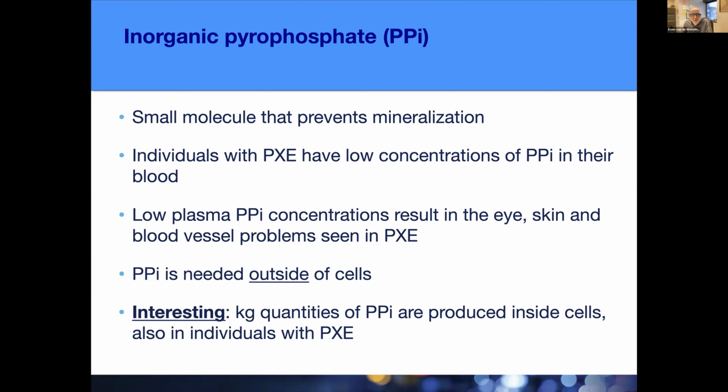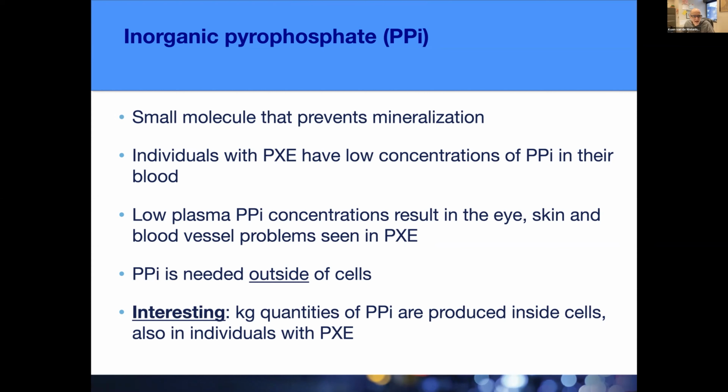And individuals with PXE have low concentrations of pyrophosphate in their blood. And that is responsible for the clinical problems that the PXE patients have in their eyes, in their skin, and in their blood vessels. And it's interesting to realize that pyrophosphate, the molecule that's low in PXE patients, is needed outside of cells.